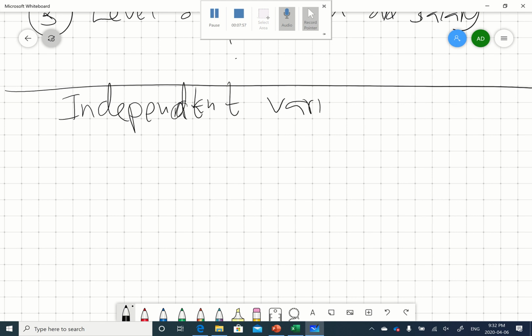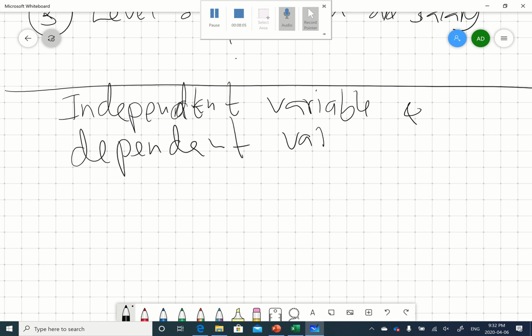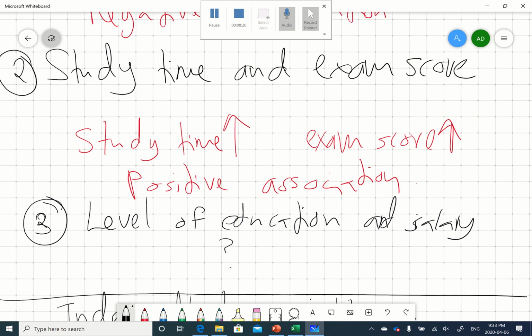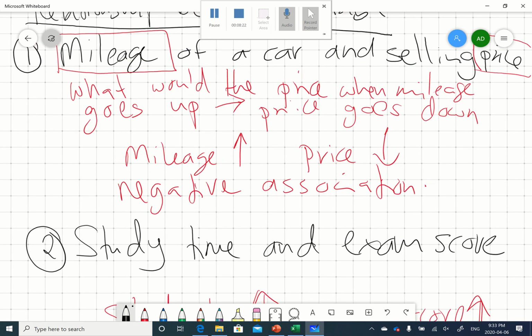When you think about two variables, we always change the numbers of one variable to see how that would impact the other variable. That's how it works. In all these cases, think about what happens to the price when you change the mileage, right? When you increase the mileage, what would happen to the price?